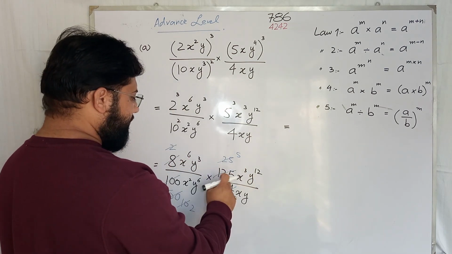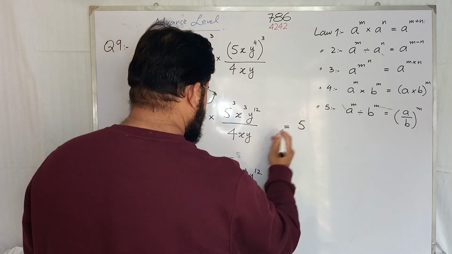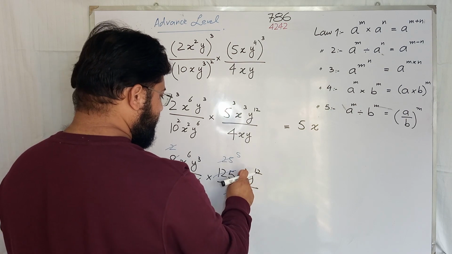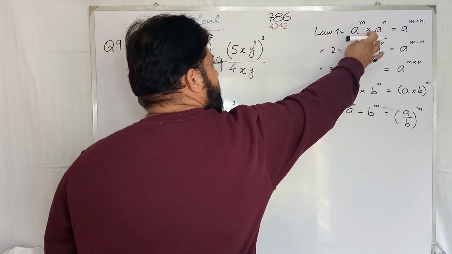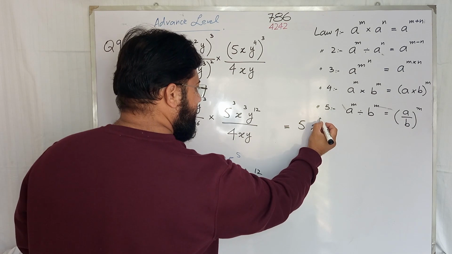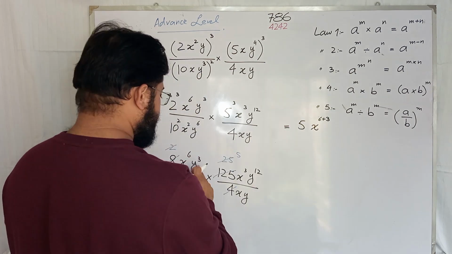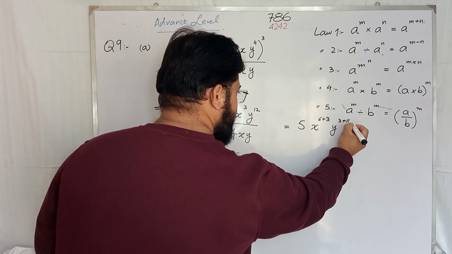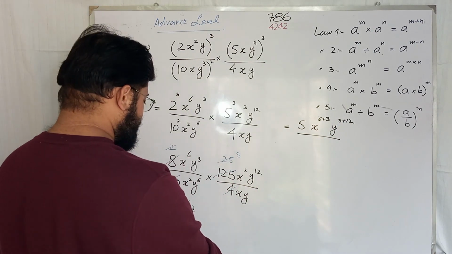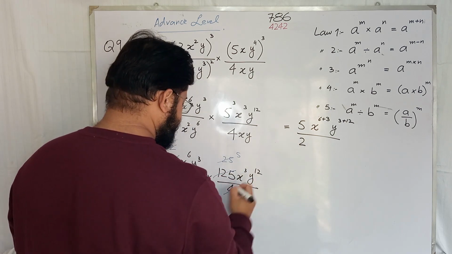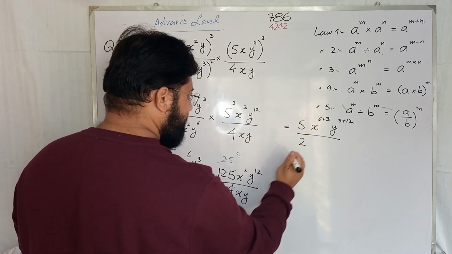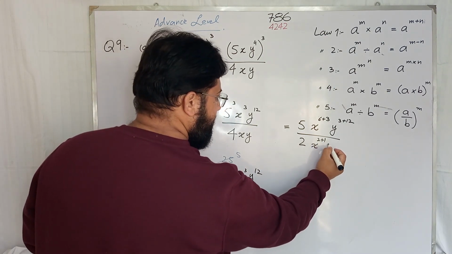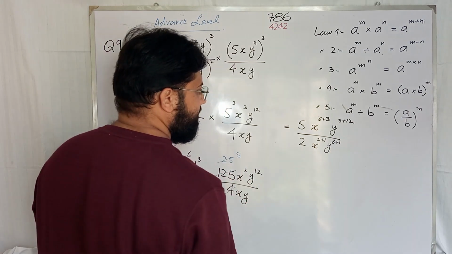Now multiply numerator with the numerator. 5 into 1, 5, x⁶ and x³, both the bases are same, their powers will be added. 6 plus 3, y³ y¹², it will be 3 plus 12, divided by 2 into 1, 2, x² and x, it will be 2 plus 1, y⁶ and y, 6 plus 1.